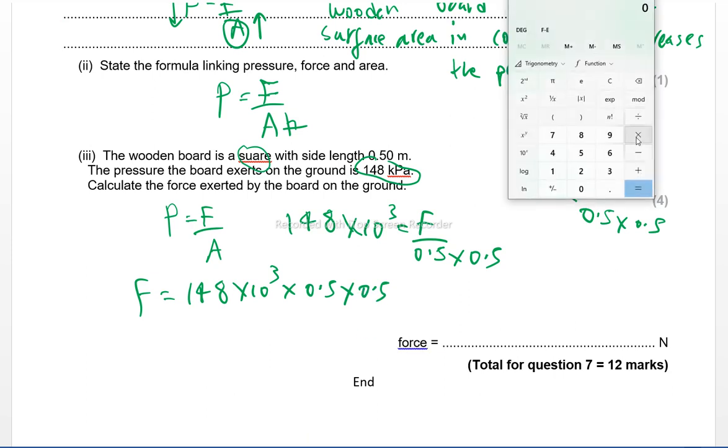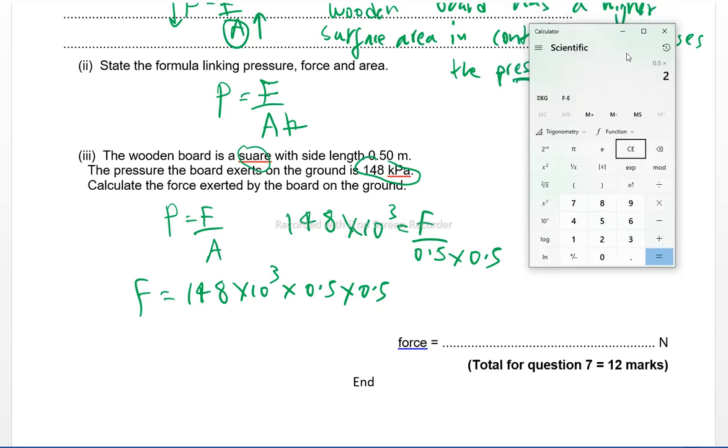So I'll start with 0.5. 0.5 multiplied by 0.5, which will be 0.25. I multiply that by 148 into 10 to the power 3.